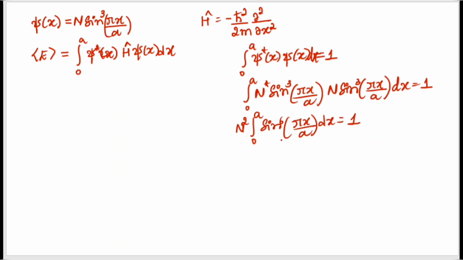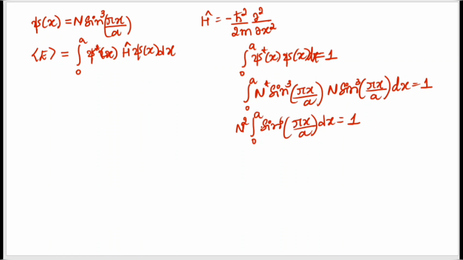Now after integration, sine cube squared, or sine to the power of 6 into dx, is equal to how much? It is a standard integration value. I have the integration value to be equal to pi a divided by 16.